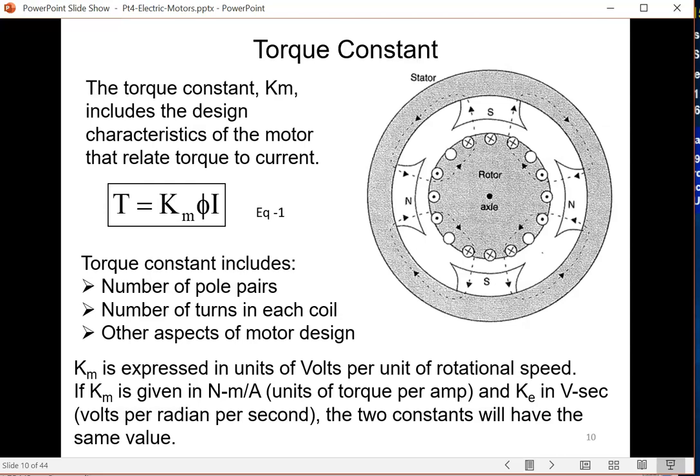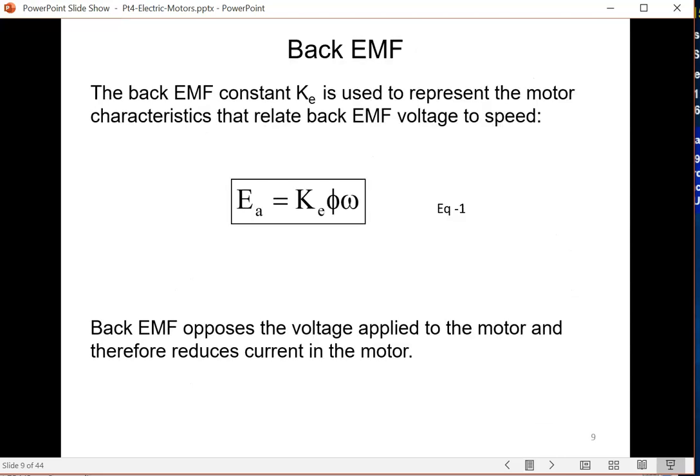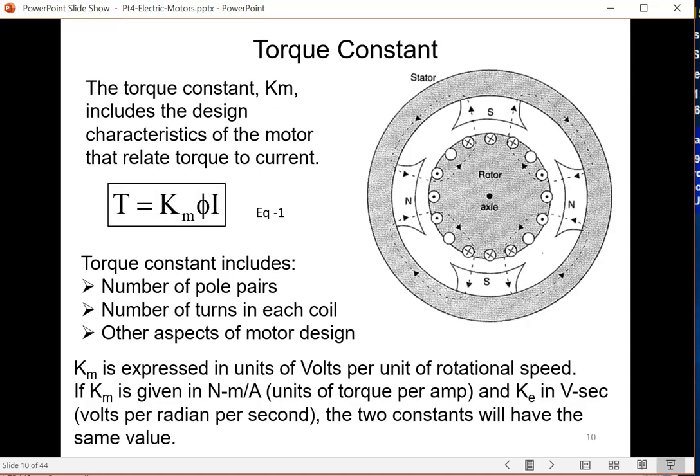Typically Km, the torque constant, and Ke, the back EMF constant that I referred to, in general have the same values. But sometimes people can change the design deliberately to make them different. Okay.